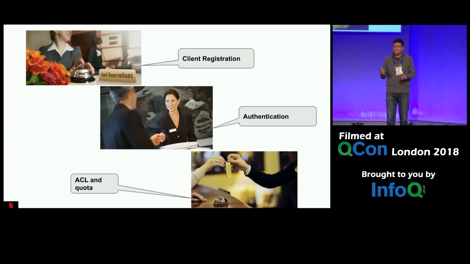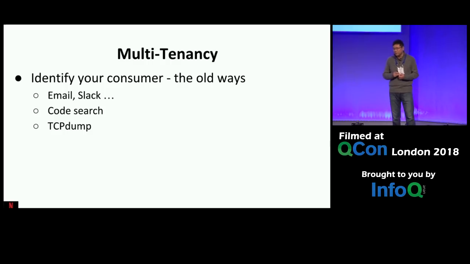So of all these three steps, I find that the most challenging but most critical step is authentication. So in the old days, when we need to identify certain clients for our Kafka cluster, we usually have some usual suspects that we can ask, that we can email or ask in the Slack channel, or sometimes we can do code search to find all the references of certain topics within the source code of Netflix.